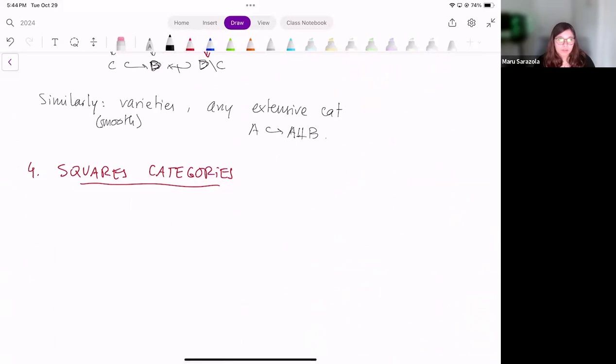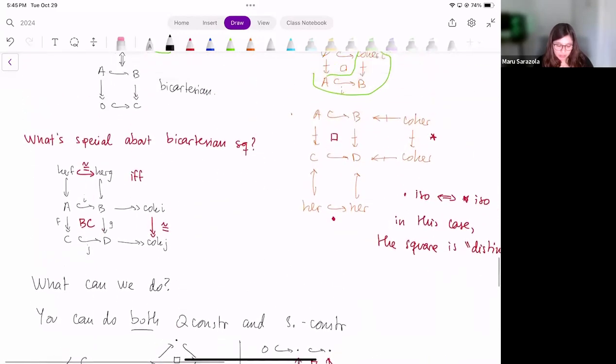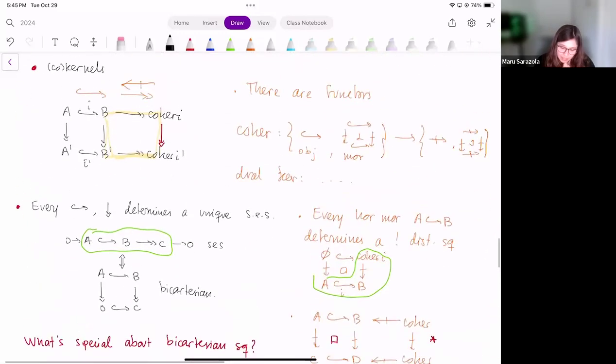Well, what this framework is trying to do is to accommodate examples where you have four-term relations. So what do I mean by this? Even though I'm using squares here, it's still kind of important that I have these three-term squares here, right?